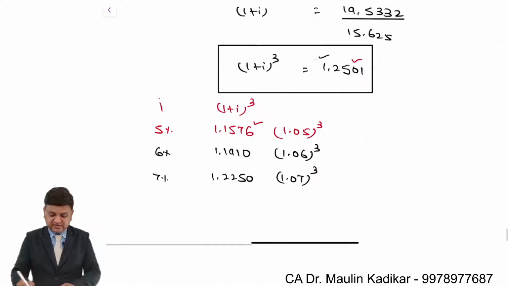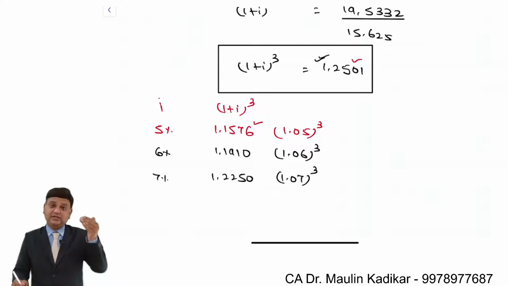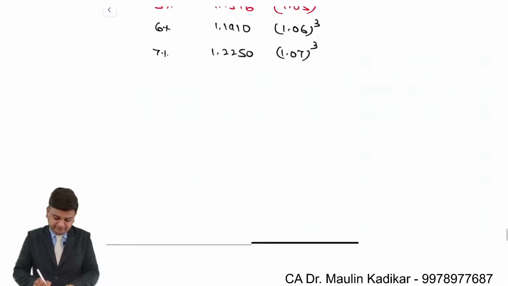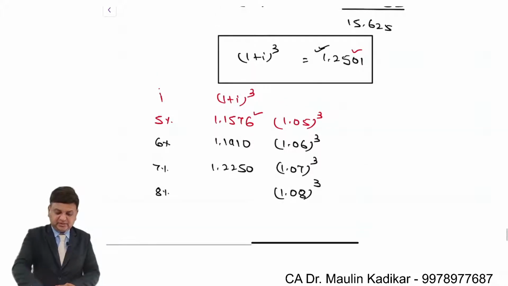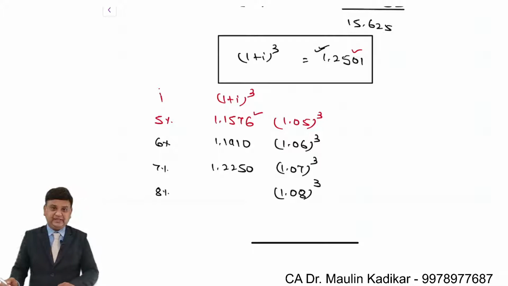Again it is less than what we desire. So let us further increase to 8%. 1.08 raised to 3 is 1.2597.